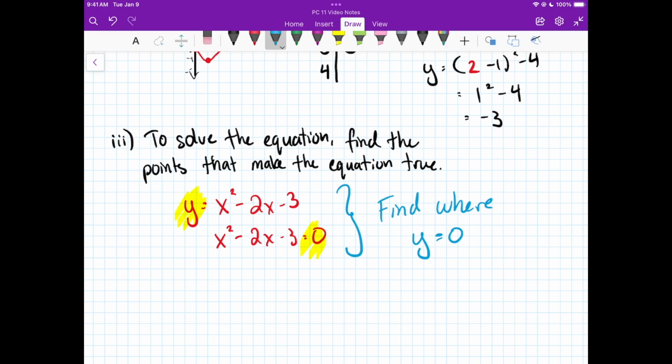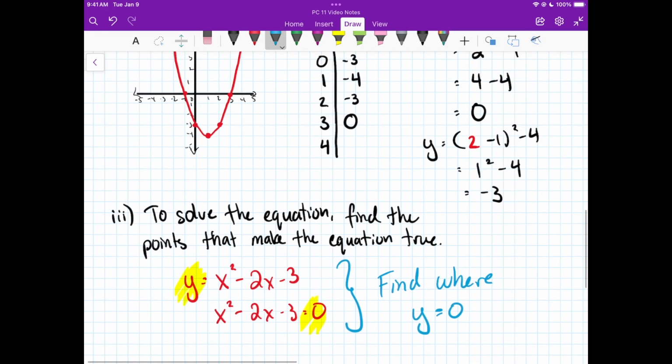So if you stop and think for a second, if we look at our graph, y being 0, well, that's this line here. That's our x-axis. And so if we want to find the points where the graph matches there, we're really trying to just find the intercepts, specifically the x-intercepts. So we want this and this. Those are our 2 points.